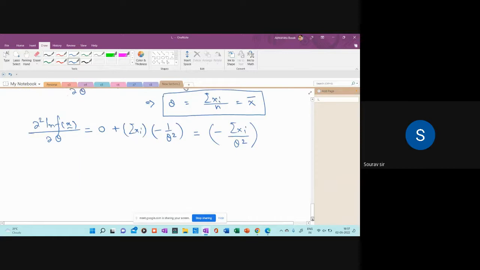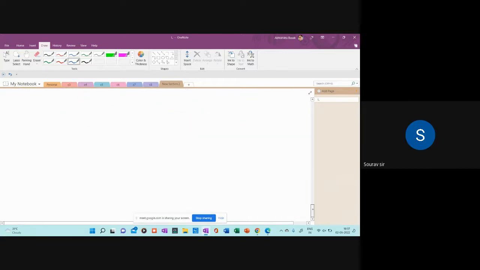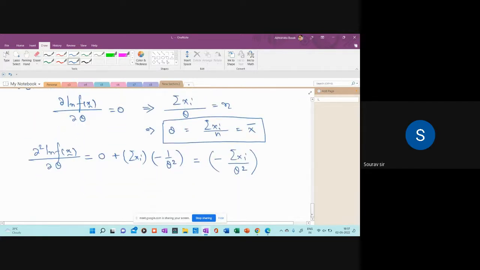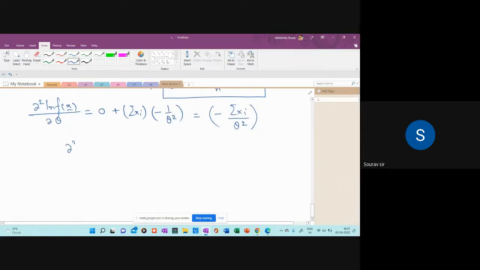Next we are going to put the value at theta equals to x bar, that is equal to minus of summation xi by x bar square.